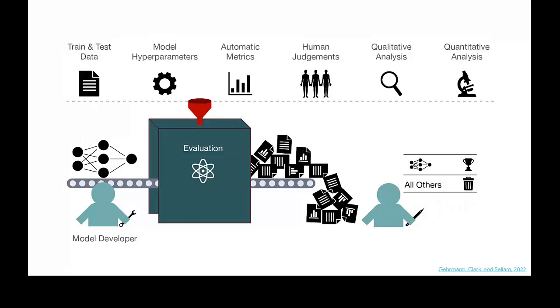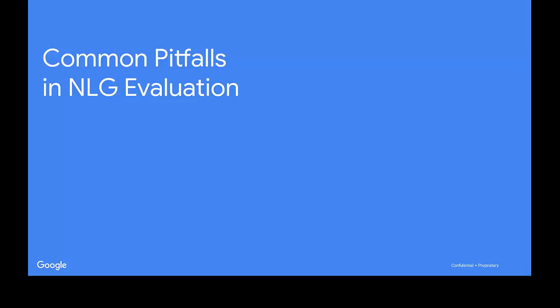All of the choices and reasoning that went into designing this evaluation process are maybe a little bit more opaque, and we don't really know why we're doing this, but we have to because it's what people do. And this is exactly why we have many pitfalls in NLG evaluations that are very, very commonplace.